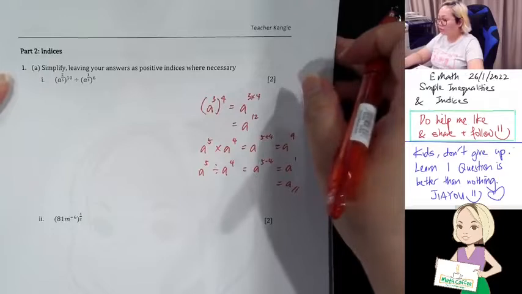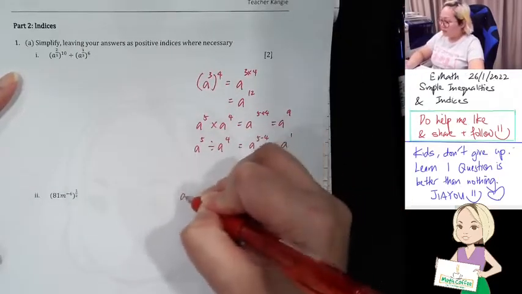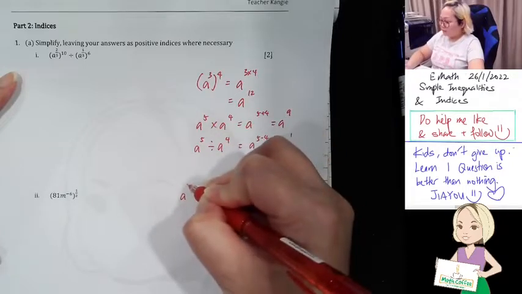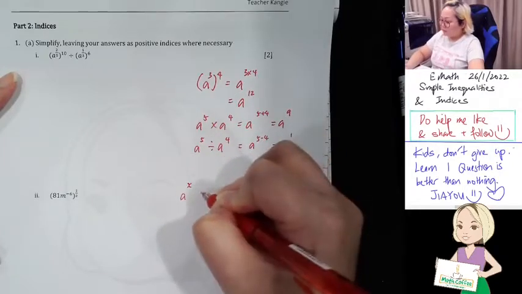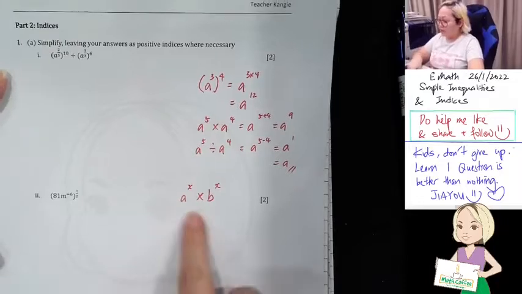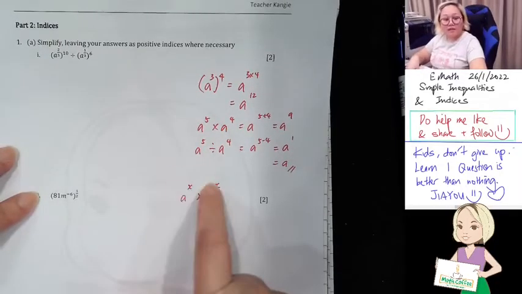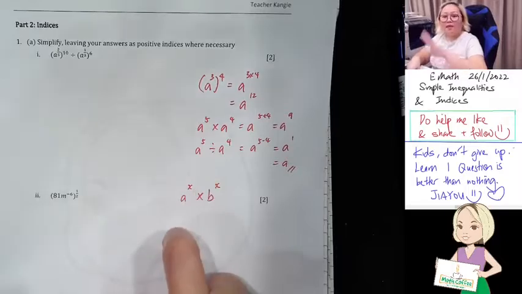And then there's one more rule that a lot of students always forget about. If I have different bases, like for example a^x times b^x, different base but the same power, you will write this as (a times b) to the power of x. How about same base, different power but it's a plus?